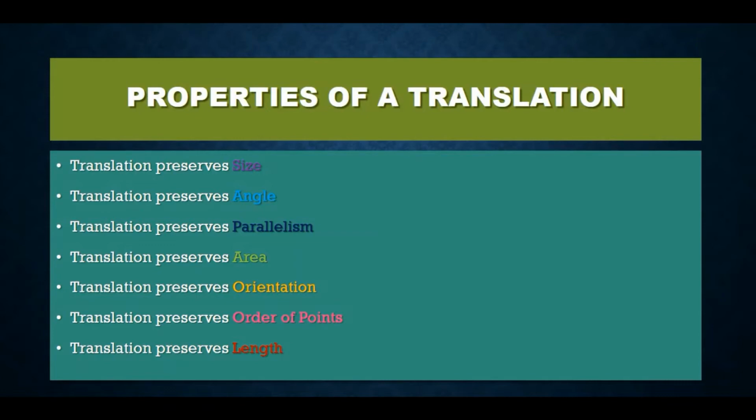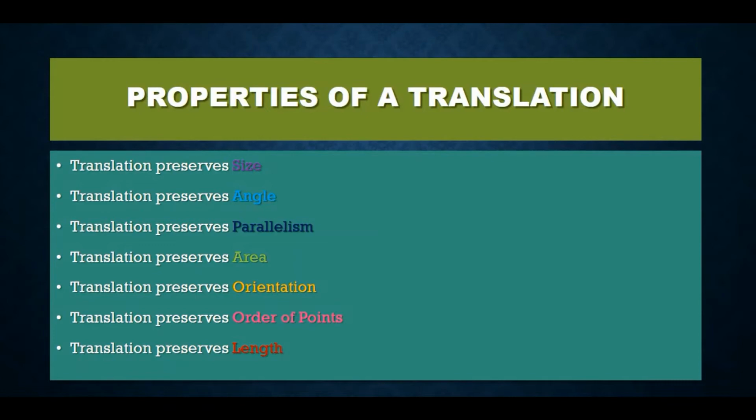So for example, if you have labeled your object in an anti-clockwise direction, and after you have done your translation, then you would have noted that your image would also be labeled in an anti-clockwise direction. So which means that it preserves orientation.